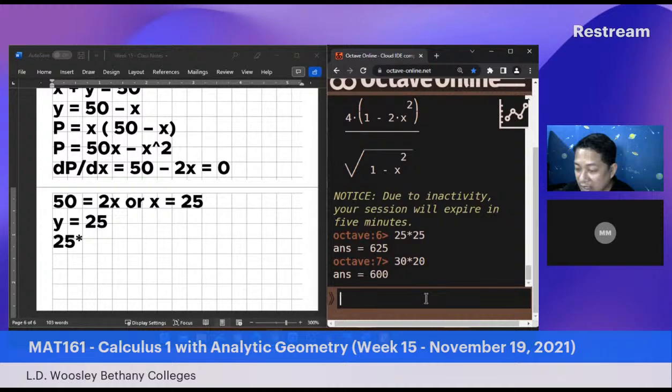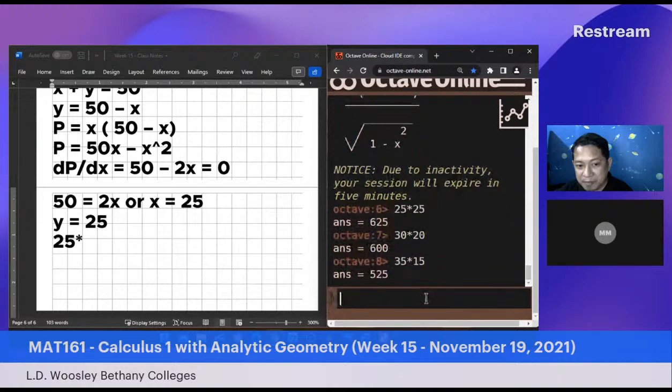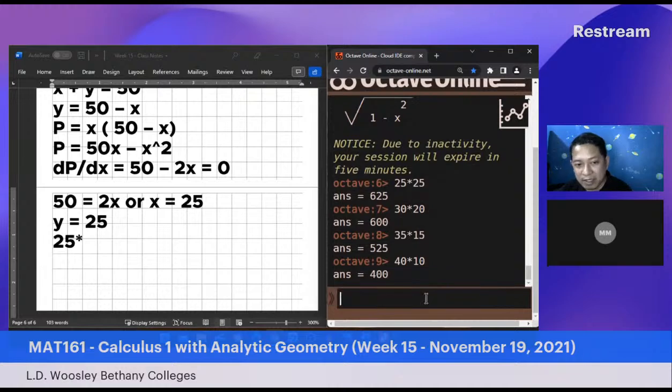So 600 lang. How about 35, say, times 15? The sum is 50, but the product is 525. So what could you notice here? 40 times 10, the sum is 50. What is the product? It's 400. So what can you notice here? What would be your conclusion?